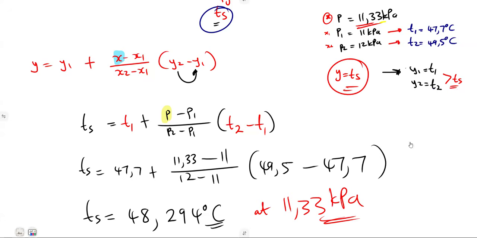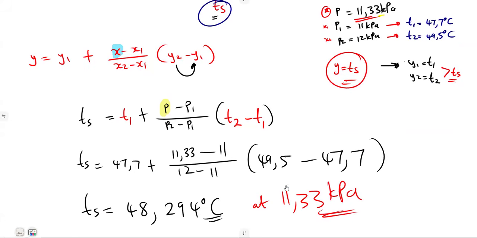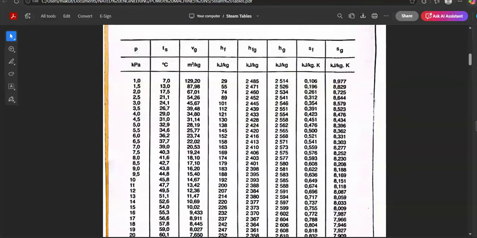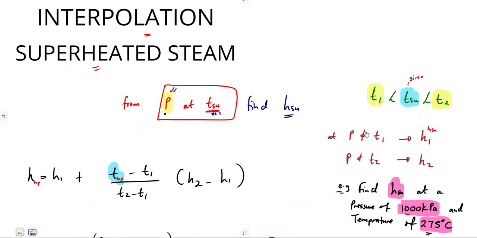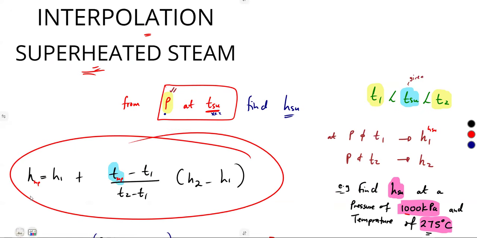So it can be used for anything as long as it is part of your steam tables. Also, for the superheated steam, it can be used for anything, guys. Even for the superheated steam, we actually considered something like that for those who watched this class.